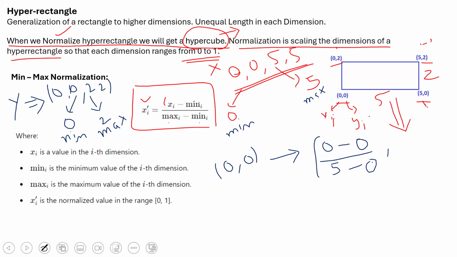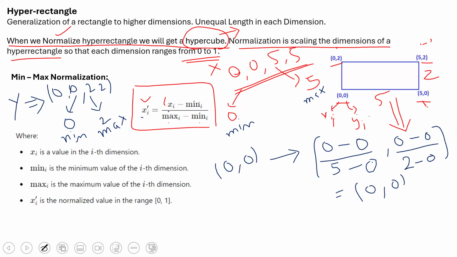To calculate yi bar, I just have to replicate the same formula. Xi changes to yi now. So yi is 0 minus minimum of yi, which is 0, by maximum of yi, which is 2, minus minimum, which is 0. So this becomes 0 comma 0.